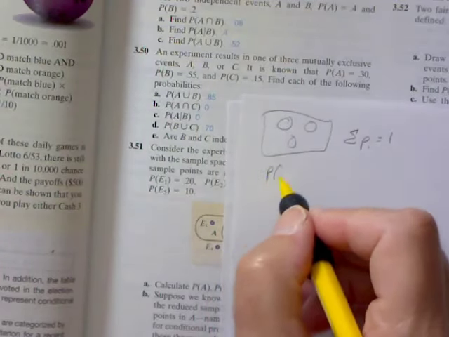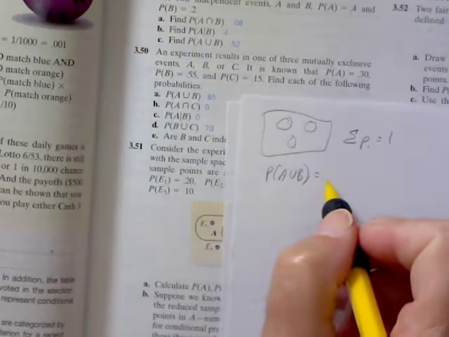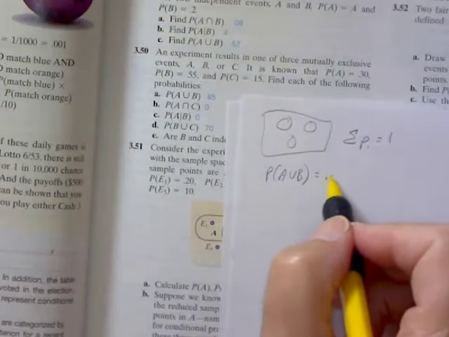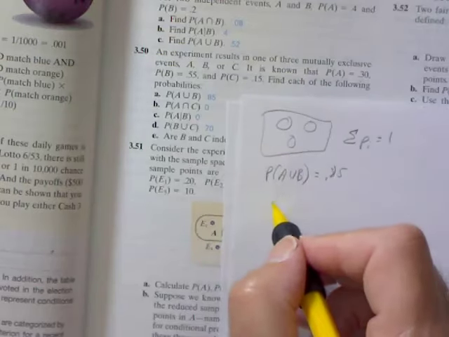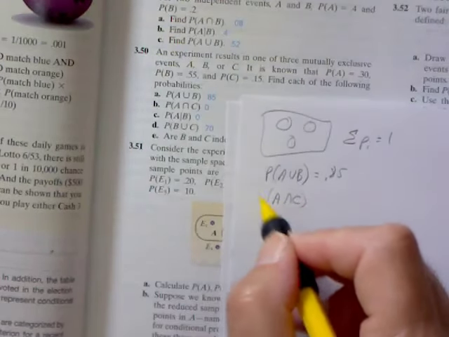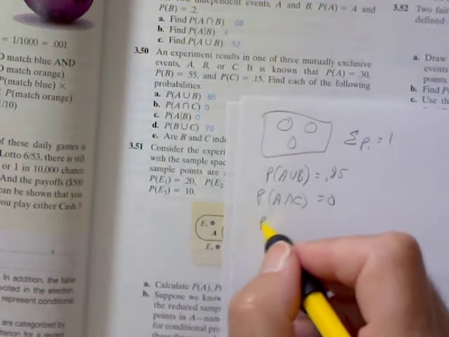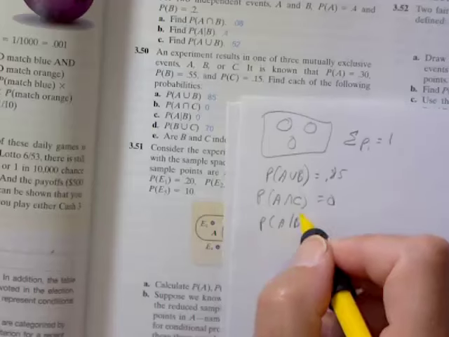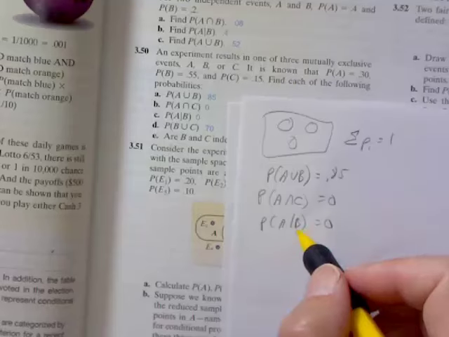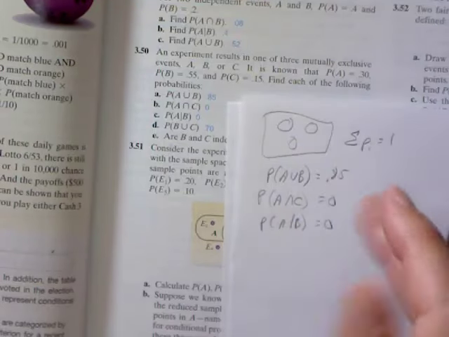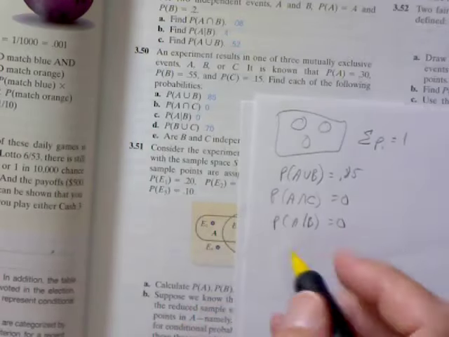What's the probability of A or B if they're mutually exclusive? Well, you can just add them together. So A or B is going to be 0.85. What's the probability of A and C? A and C, they're mutually exclusive, so it's 0. What's the probability of A given B? Well, they're mutually exclusive. It's 0. If you're given B, there's no overlap, then A is not going to occur.